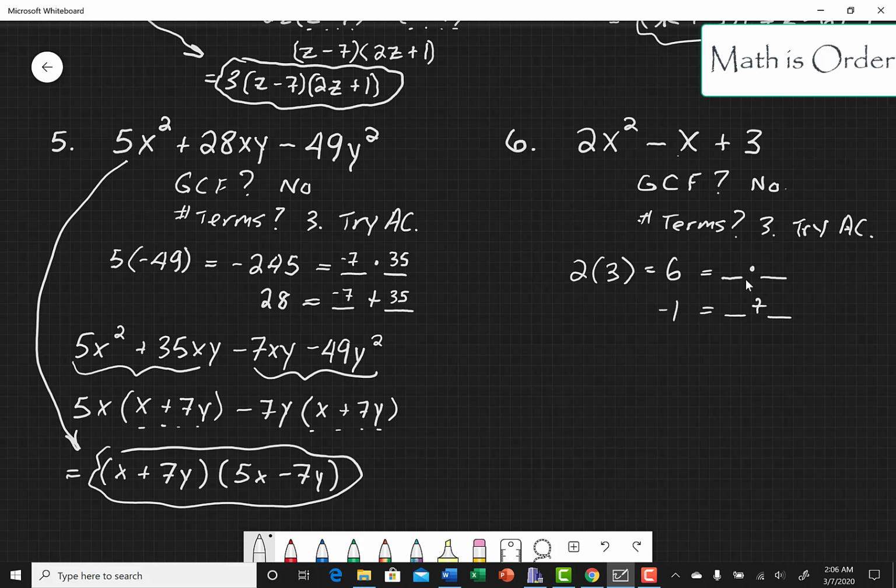Let's see, 2 times 3, 6 times 1. It doesn't seem like there's anything that will work. Negative 2 and 3 gives positive 6, but it will not add up to negative 1. So no, none. Therefore we say this cannot be factored, and it's said to be prime when it cannot be factored.